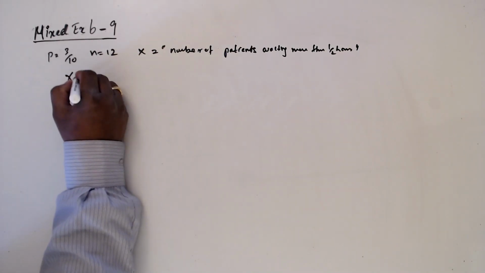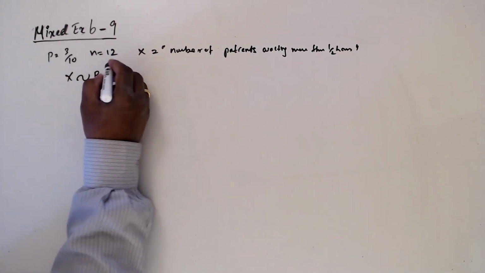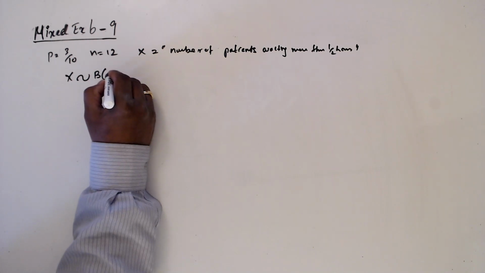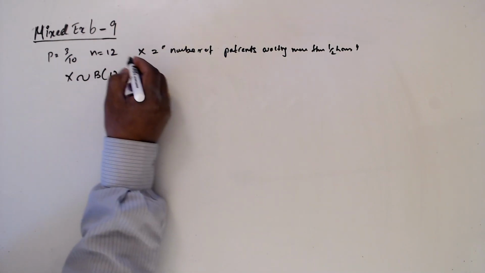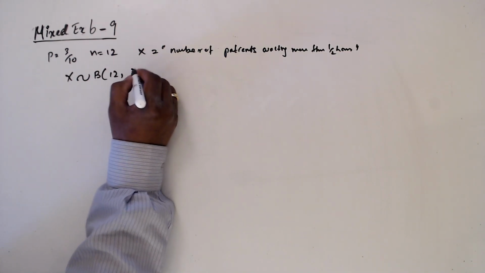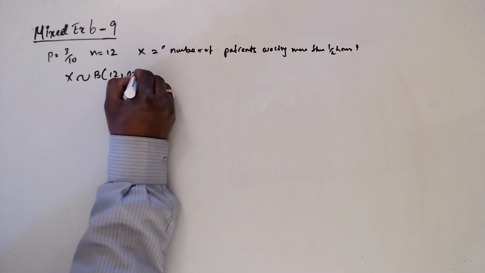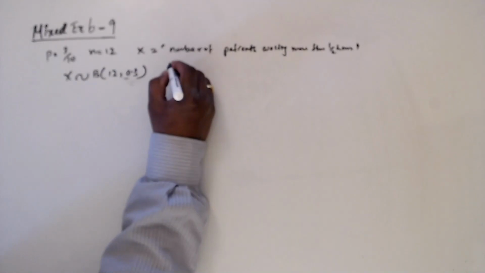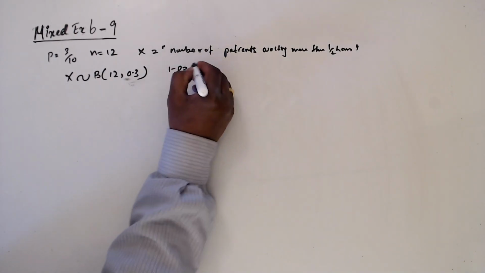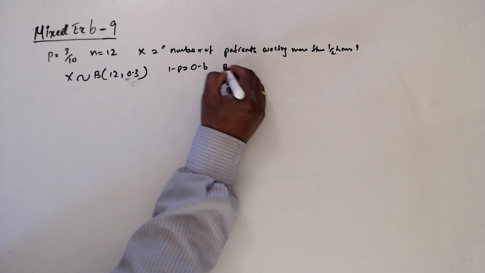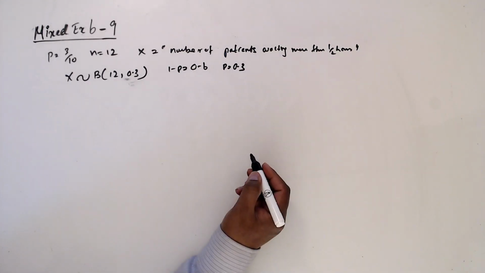Then this variable follows a binomial distribution with 12 and 0.3, so p is 0.3.